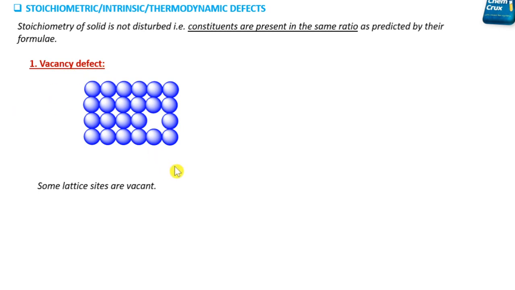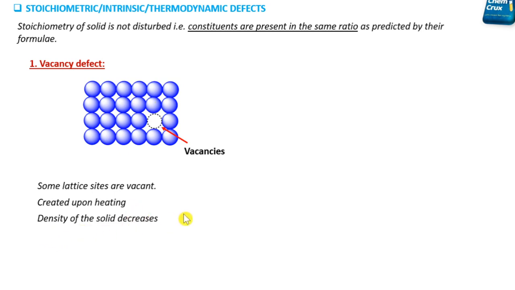The lattice sites which are now vacant are called vacancies. Vacancy defect is created upon heating, and since some atoms are missing from the lattice site, the overall density of the solid will decrease, right?